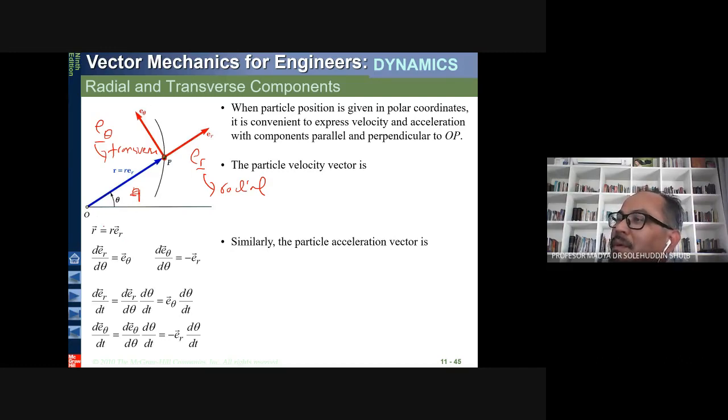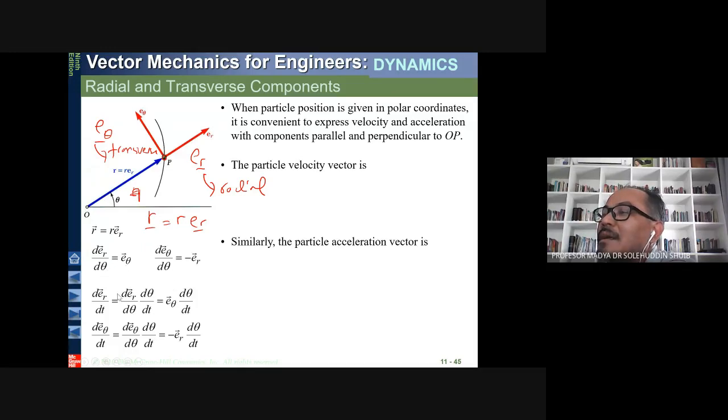So we have this equation, which is r equal to r times unit radial. Then we differentiate er with respect to theta, and you get e theta.